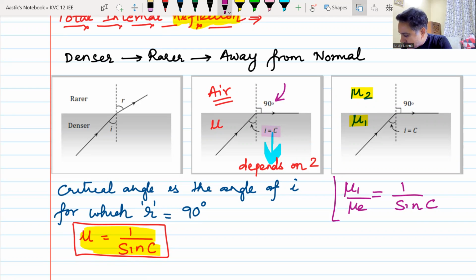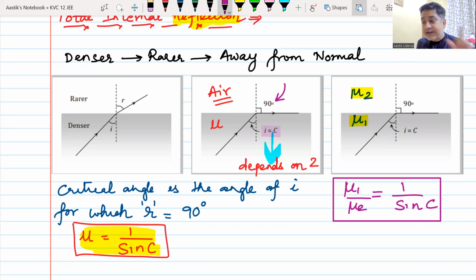Okay, so now let us recollect what we have done. When a ray of light is moving from denser medium to rarer medium, it will always bend away from the normal. If I keep on increasing the angle of incidence, the angle of refraction also increases. For one particular angle of incidence, the angle of refraction becomes 90 degrees.